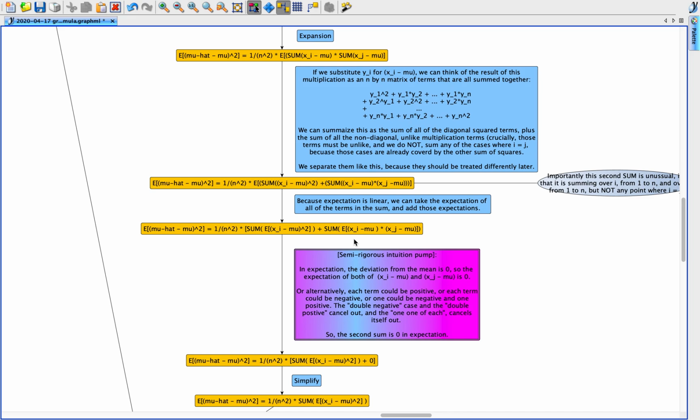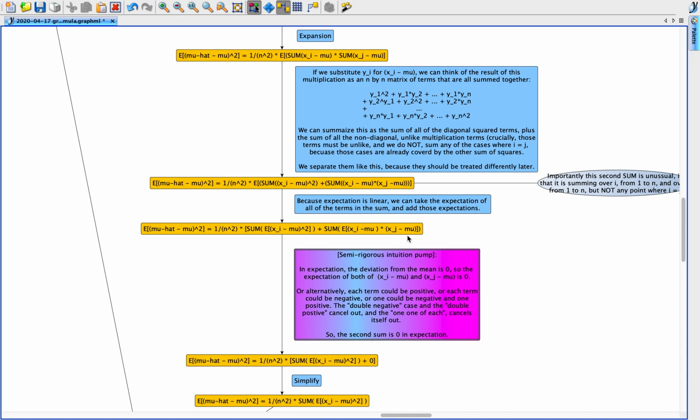And so in any given row here, xi minus mu times xj minus mu might be positive, might be a good deal bigger than the mean, but it's as likely to be bigger than the mean as it is to be less than the mean. And so across the expectation, this cancels out.